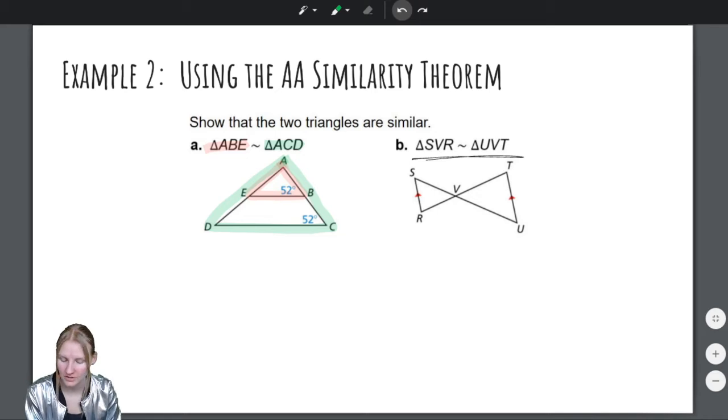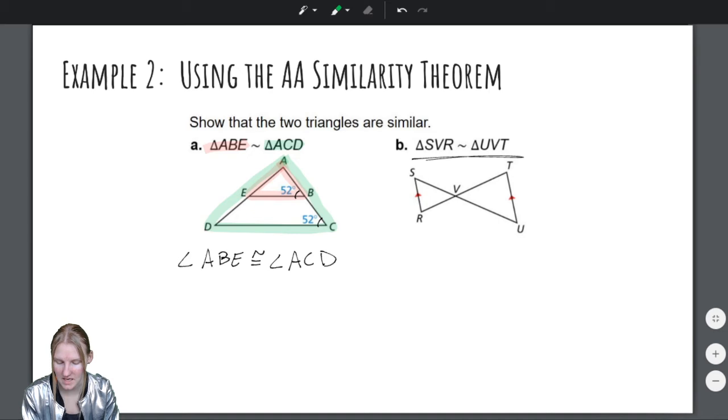Well, look at this. 52, 52. Right off the bat, I can see angle ABE is congruent to angle ACD. So there's one congruent angle. If I can show another set of congruent angles, boom, we're done, right?